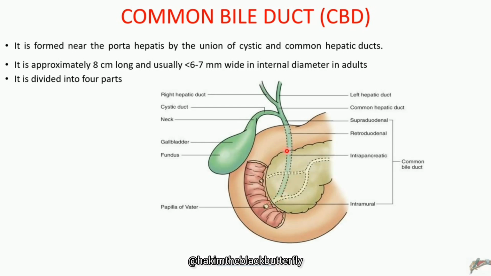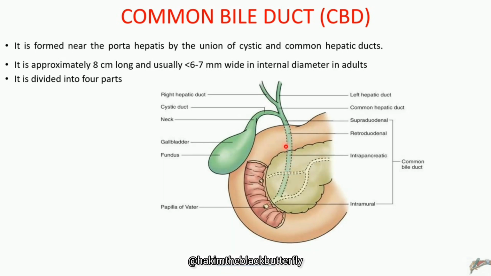Then also, if a patient has ever undergone surgery, let's say the gallbladder was removed, obviously the dimension of this common bile duct is going to be wider, because bile from the liver is always going straight through the common bile duct.